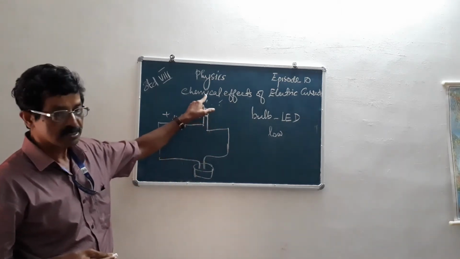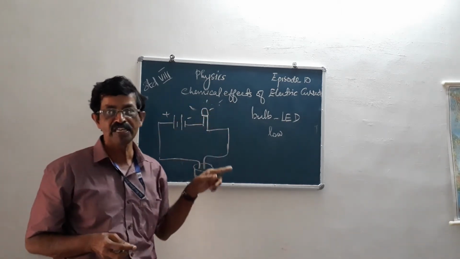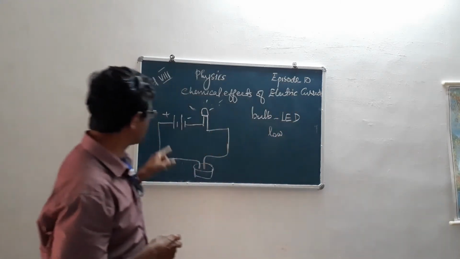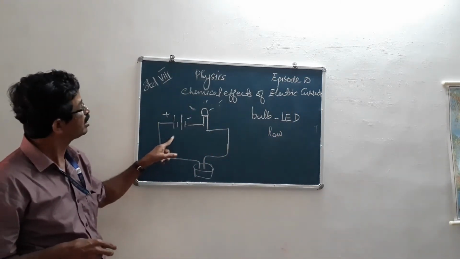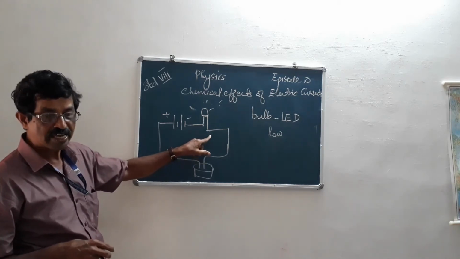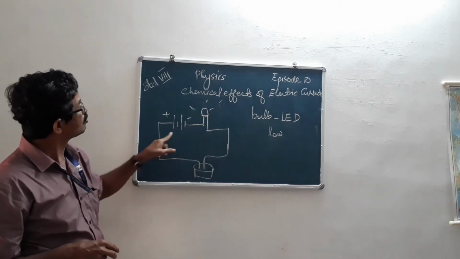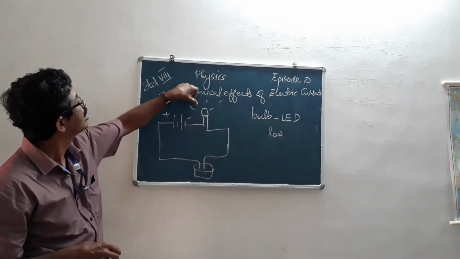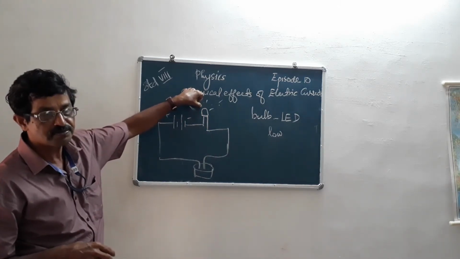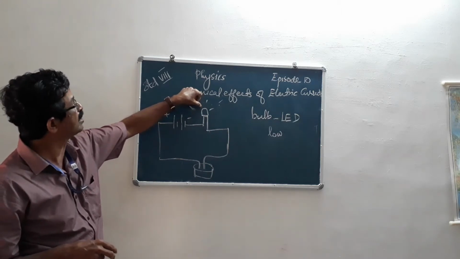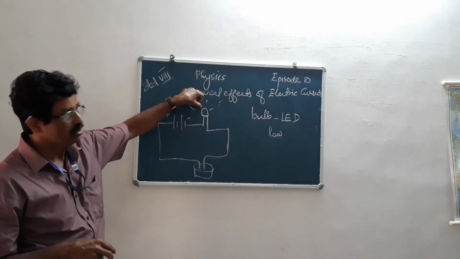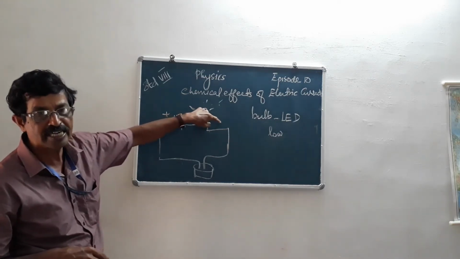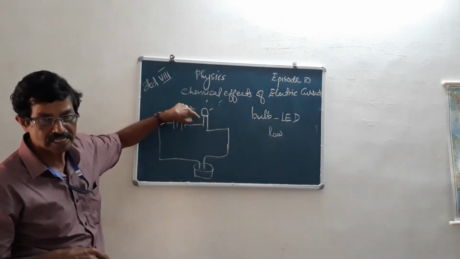So what kind of tester did we make? A tester which can measure weak current, or a tester which works at low current. Here we use an LED instead of a bulb. Here are two connecting leads, or connecting wires.